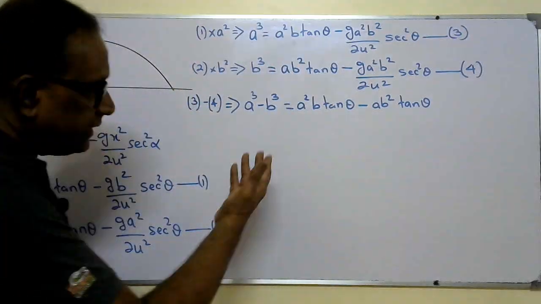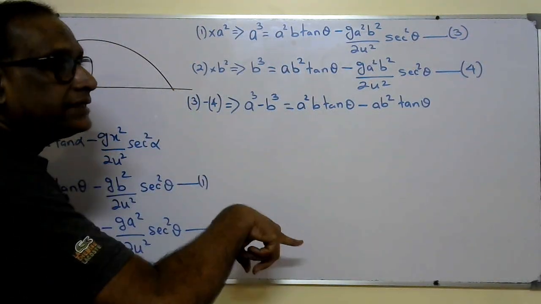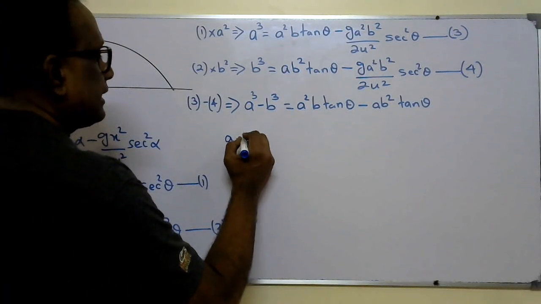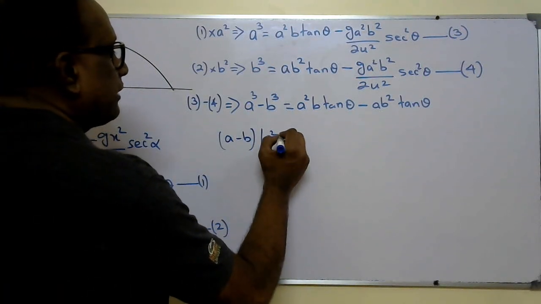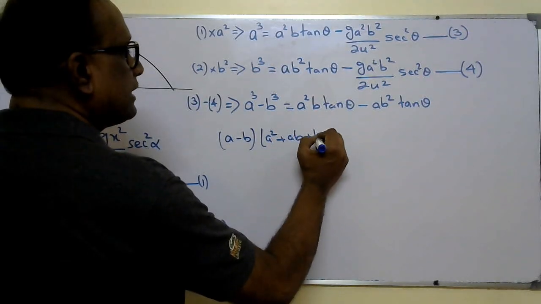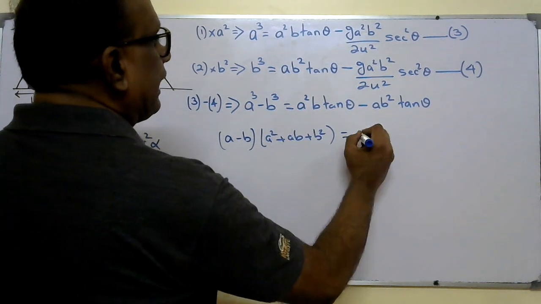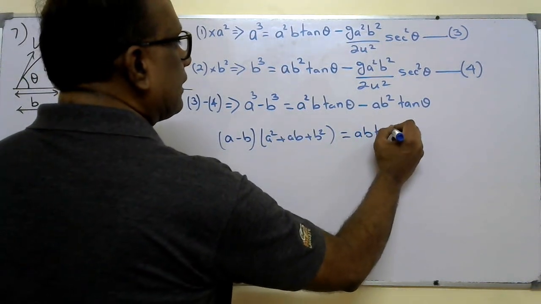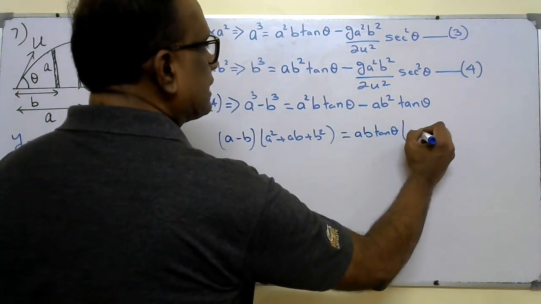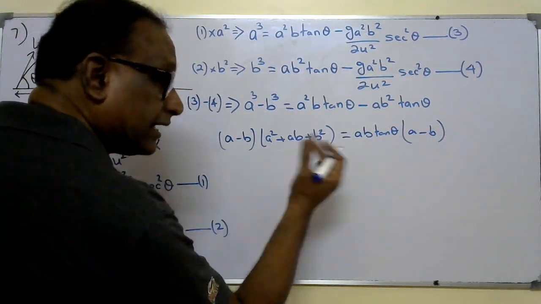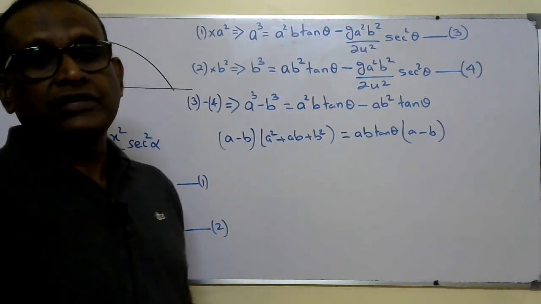If you factorize a cube minus b cube, you will get a minus b times a squared plus ab plus b squared. Students normally take ab tan theta out and put a minus b, and a minus b will get cancelled. Tan theta will give another form. That won't be the format that we want.